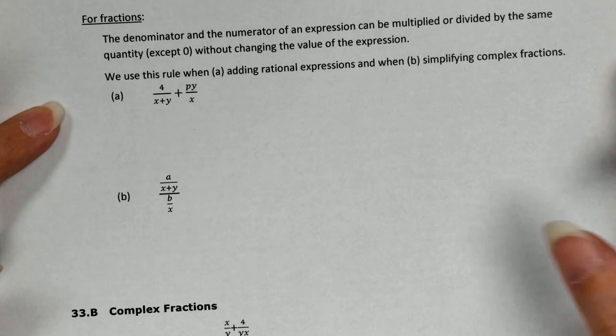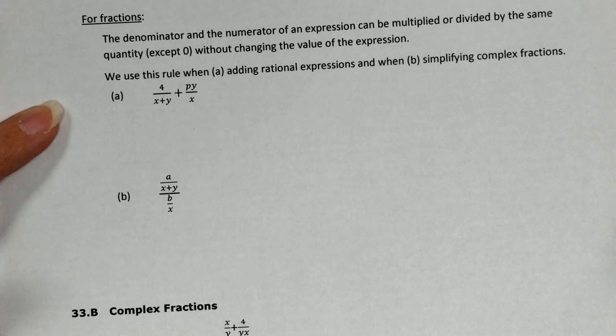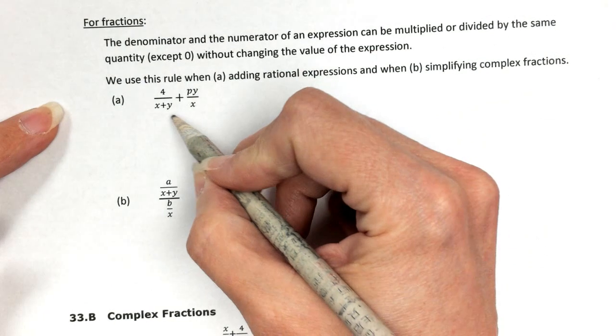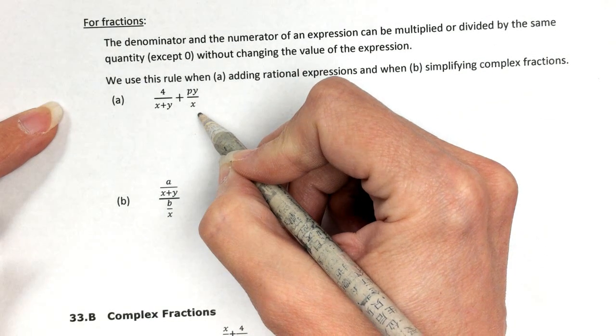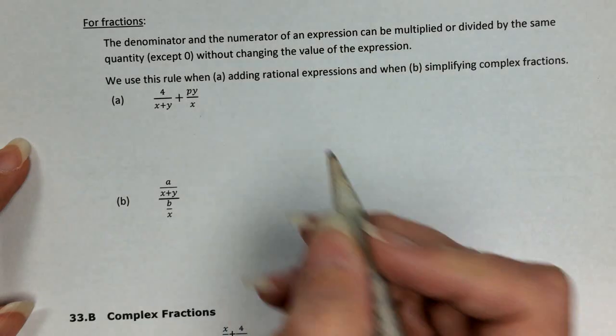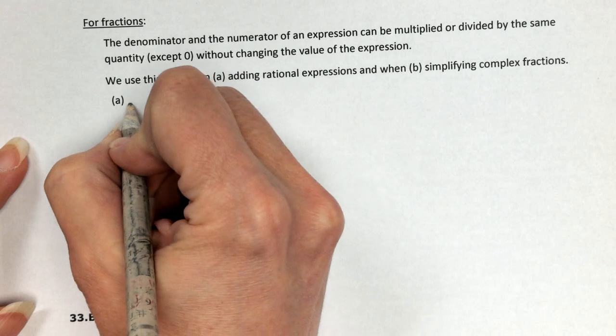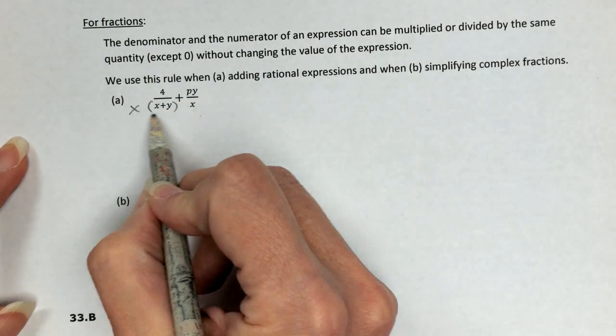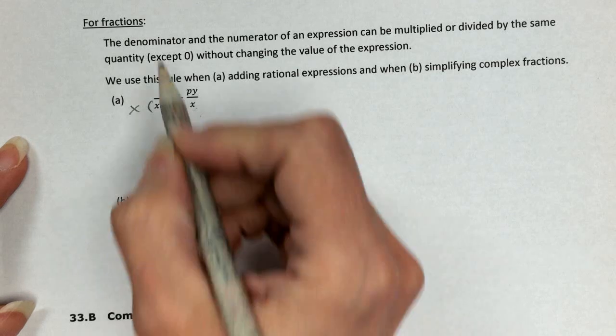One is when we are adding fractions, adding rational expressions, like in example A here. Looking at these denominators, the common denominator is going to be x times x plus y, because one factor will be from this denominator and the other one is that denominator.